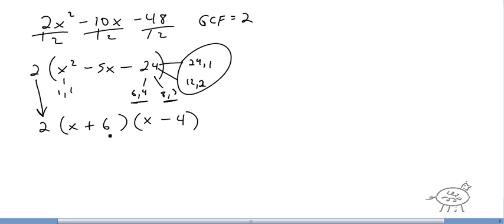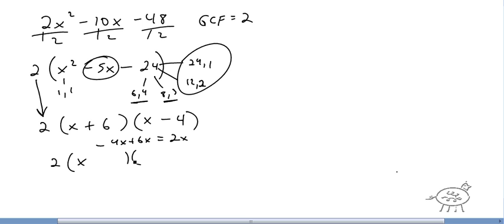Again, I just have to check my OI. So outside negative 4x plus 6x is 2x. Nope, not good. I need negative 5x, or I need a 5x. It doesn't matter if I switch them, because I'll get positive 2x or negative 2x, and it's not going to do me any good. So I'm going to try another one.